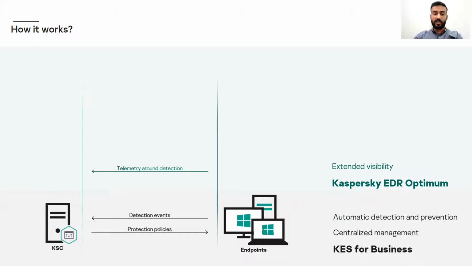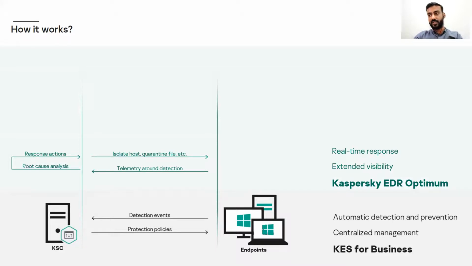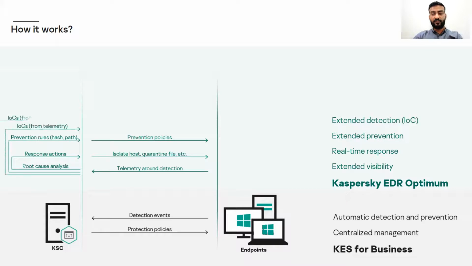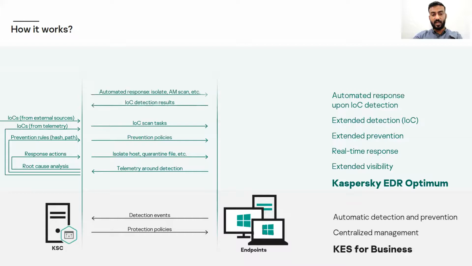EDR Optimum automatically collects the telemetry, which is based on the Kaspersky endpoint detections, and provides root cause analysis and response actions like isolate the host, quarantine the file, or prevent the file from running, etc. And furthermore, adding on top of that the indicators of compromise, or IOCs, from an external system is also possible.